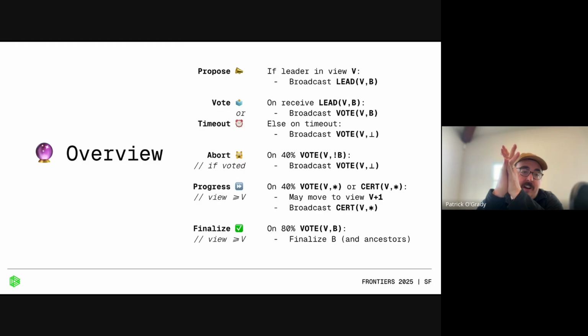Because the key is, if some block is finalized or has a path to become finalized, there cannot exist a way to bypass it. If you have a timeout certificate that exists, you can bypass it. And then due to synchrony, you could finalize two blocks.